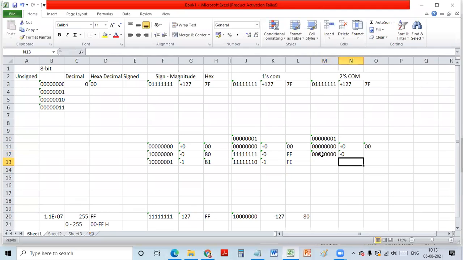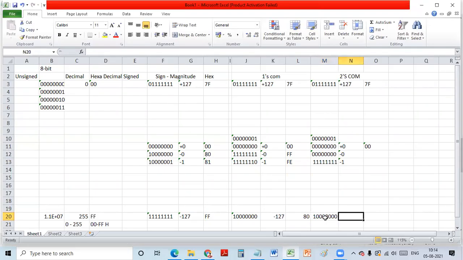This is -0. What is -1? First this is +1, take 1's complement and then add 1 to it. So if I take 1's complement, this is the value, you need to add 1 to it. I'll be getting 7 ones. Sorry, 8 ones. This is -1. Likewise, -2 is 1, 1, 1, 1, 1, 1, 1, 0. So if we extend, there is a possibility of the last minimum number with 1, 0, 0, 0, 0, 0, 0, 0.